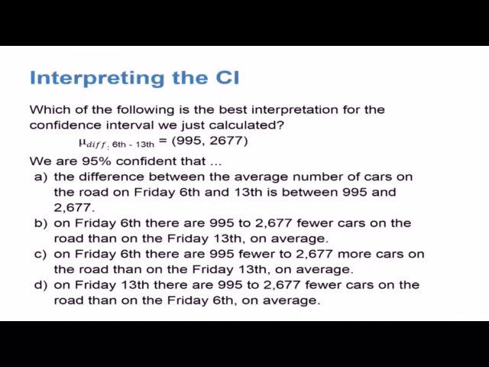Another way we could have looked at this is that there are 995 to 2,677 more cars on the road on Friday the 6th than compared to Friday the 13th, on average. But in either case, our answer is D.